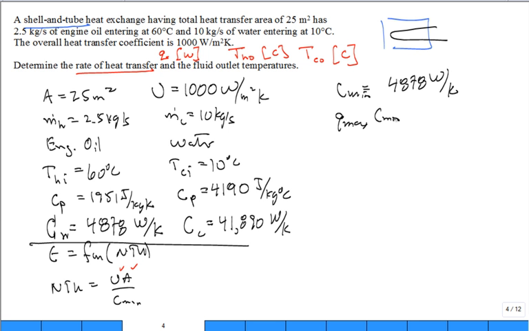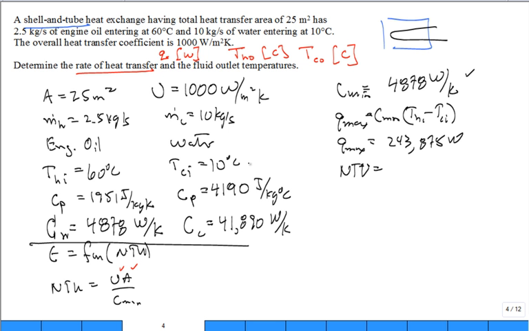What's Q max? It's C min times temperature hot in minus temperature cold in, which the Q max for this problem comes in at 243,875 watts. All right, I get the number of transfer units, UA over C min.